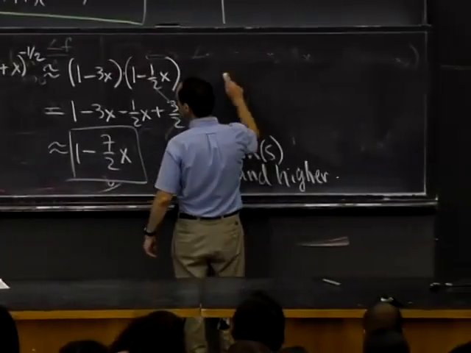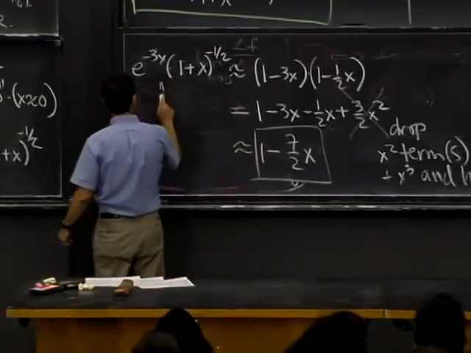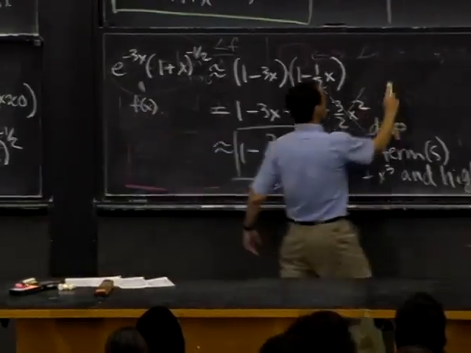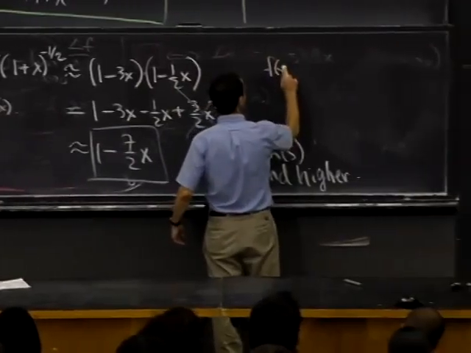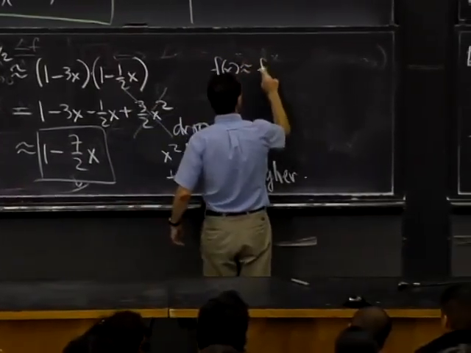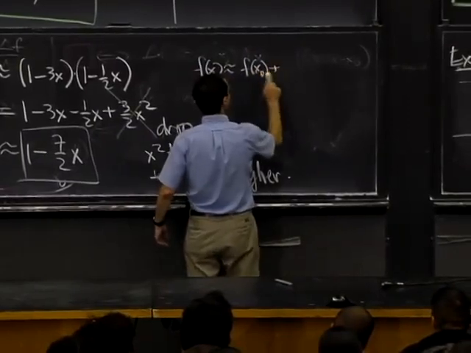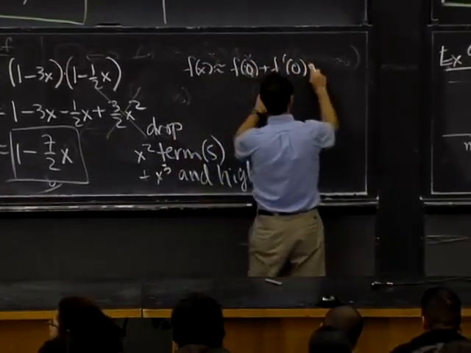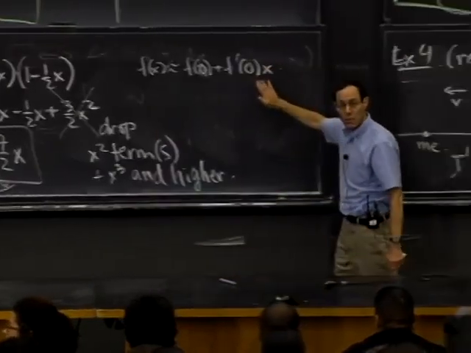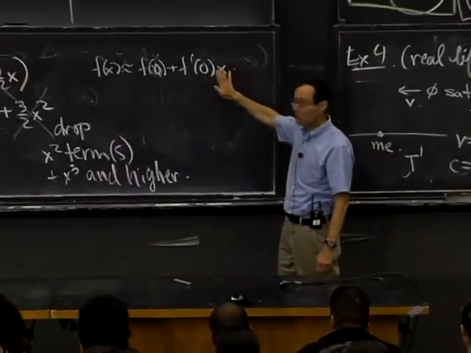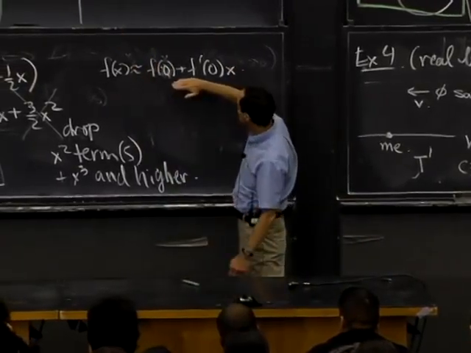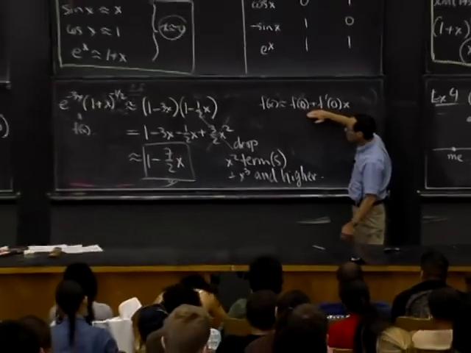If I call this function f of x, then the linear approximation is f of x 0 plus f prime of x 0 times x, right? So that should be true. That's the formula that we're using. It's up there in the pink also.